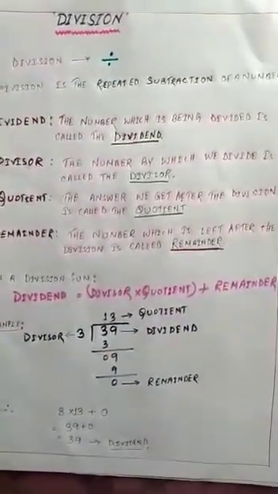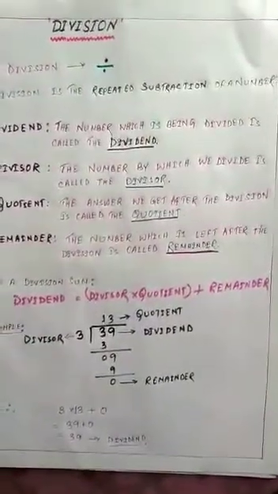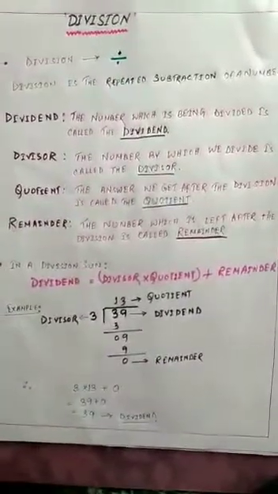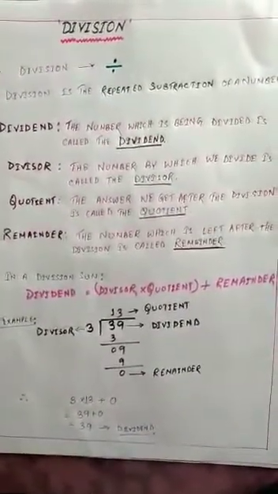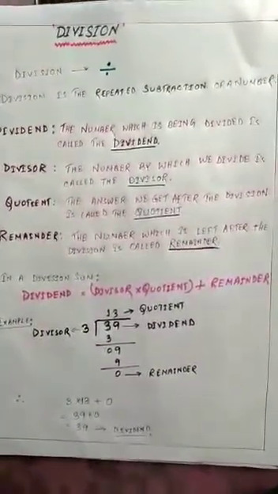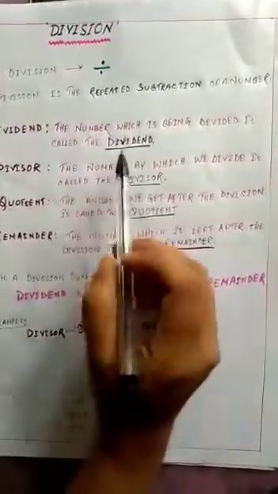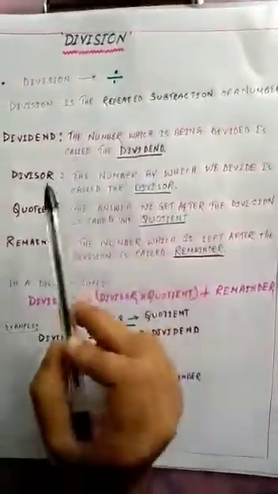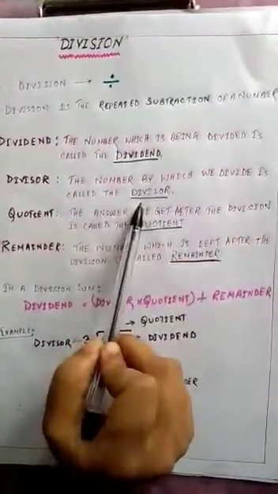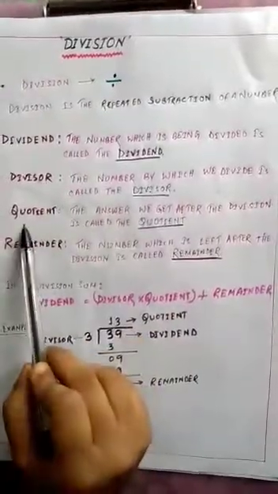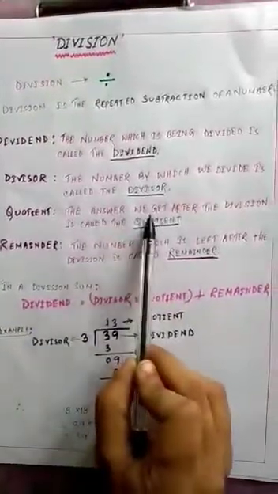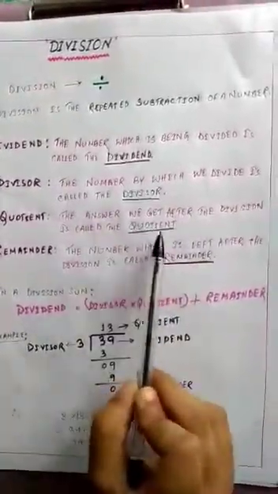There are some terms you have to remember: dividend, divisor, quotient, and remainder. The number which is being divided is called the dividend, and the number by which we divide is called the divisor. The answer we get after the division is called the quotient.